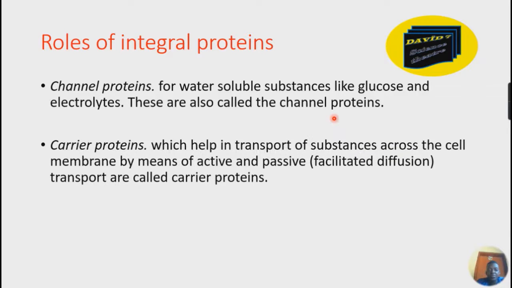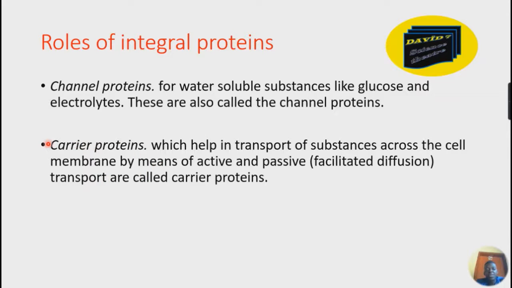And the carrier proteins are also integral proteins, which help in transport of substances across the cell membrane by means of active and passive, or call it facilitated diffusion transport.